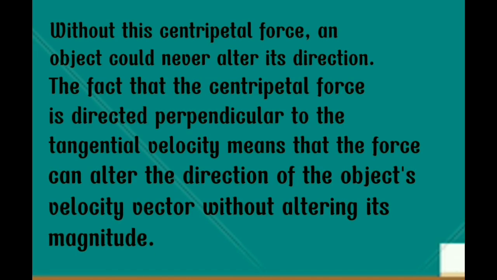The importance of centripetal force: without this, an object could never alter its direction. The fact that the centripetal force is directed perpendicular to the tangential velocity means that the force can alter the direction of the object's velocity vector without altering its magnitude.